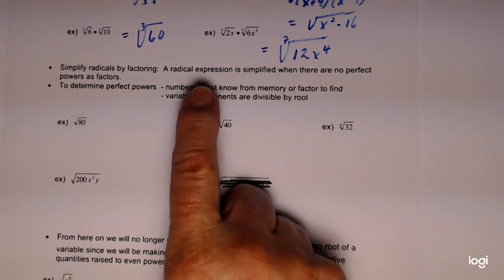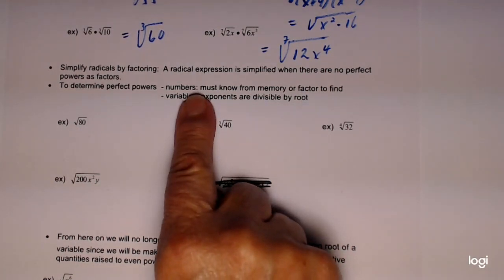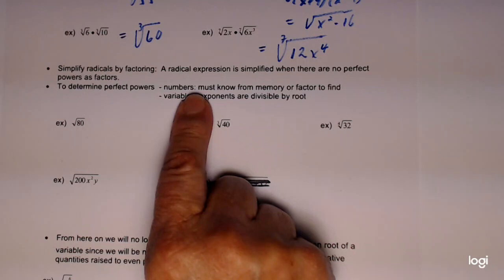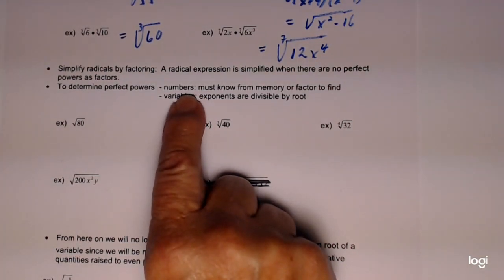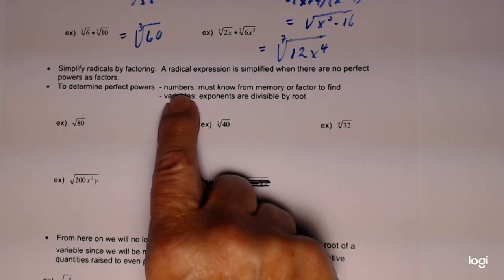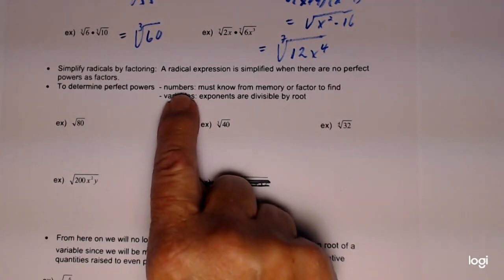And in order to do this, there are two approaches we can take, with two different considerations, both for the numbers, the coefficients that are sitting in front.